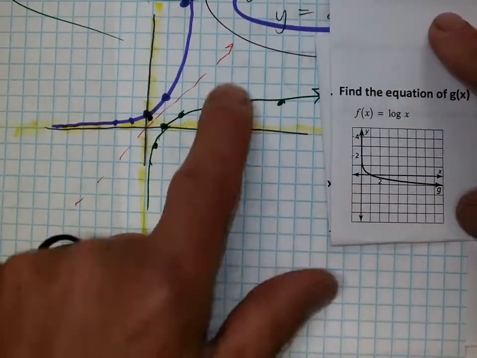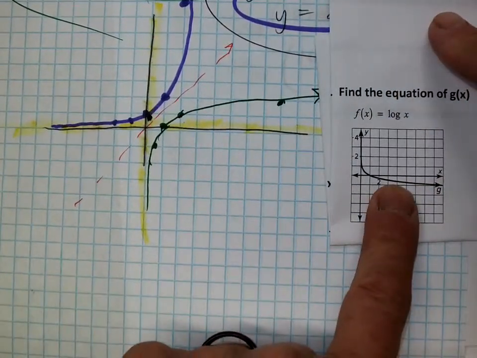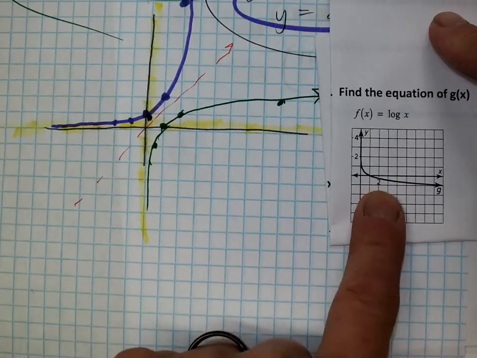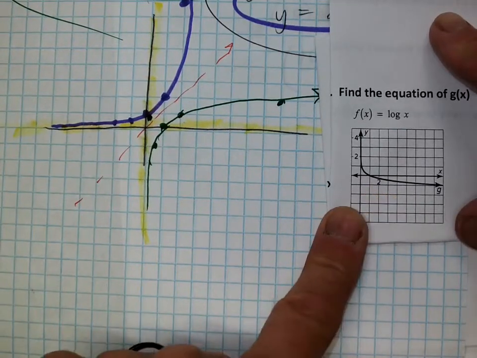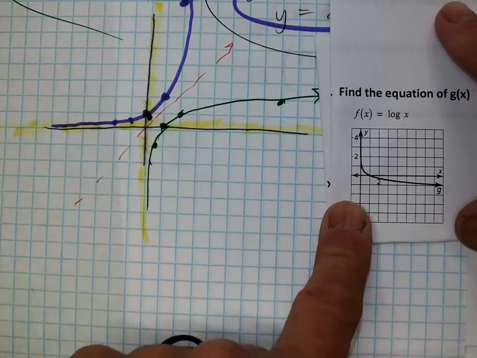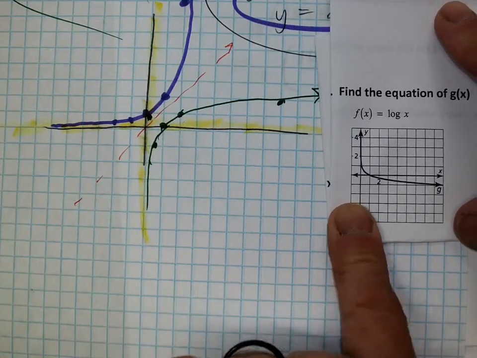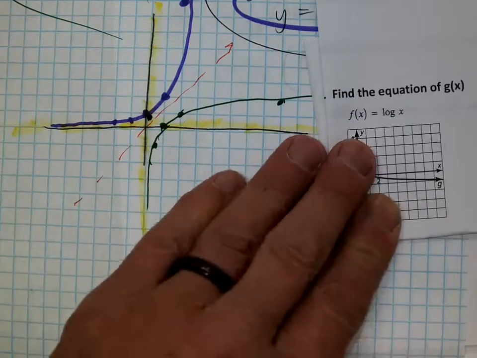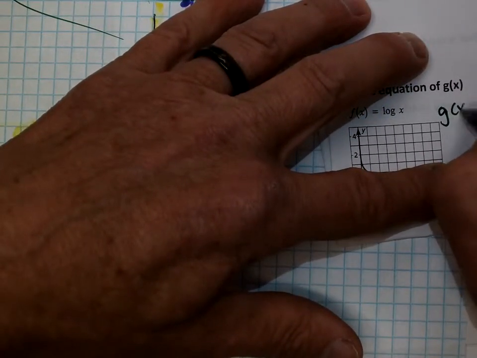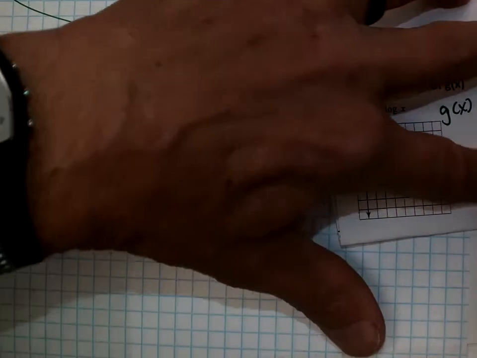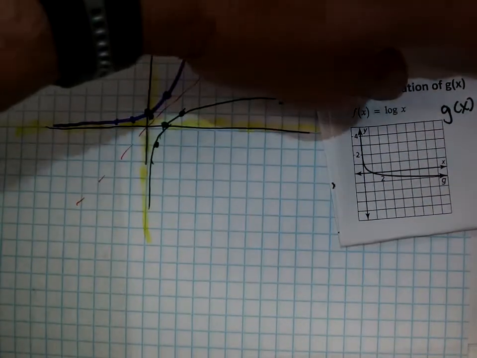So what happened? See the green graph? If it got reflected over what? X or Y? Okay, so it flips over the X, that means all the Y values are negative, right? So this graph is probably going to be g of x equals a negative log of x.